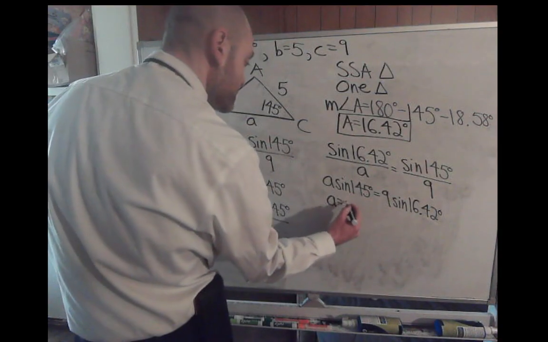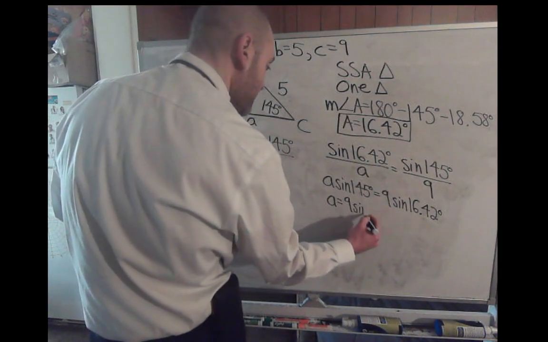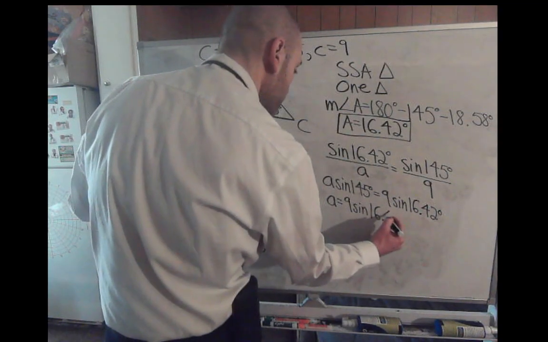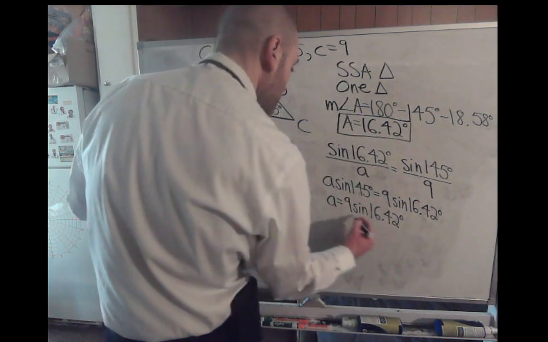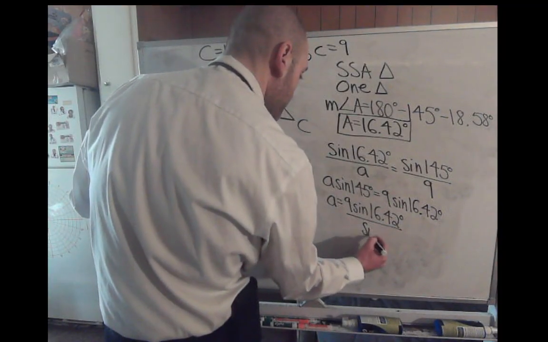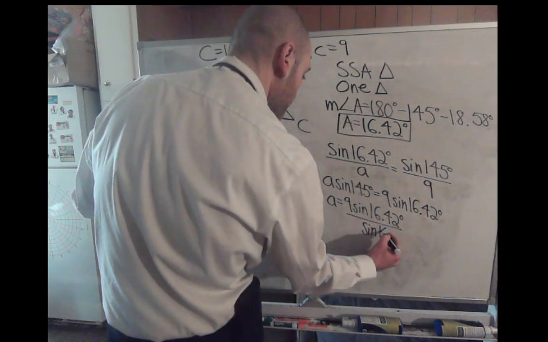So A is going to equal 9 times the sine of 16.42 degrees all over the sine of 145 degrees.